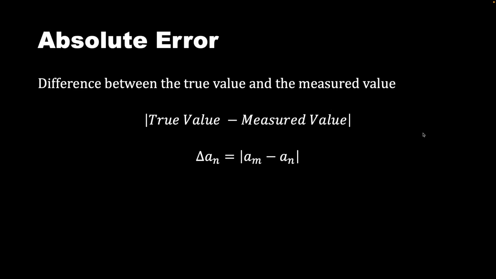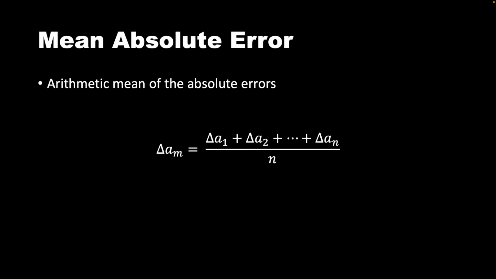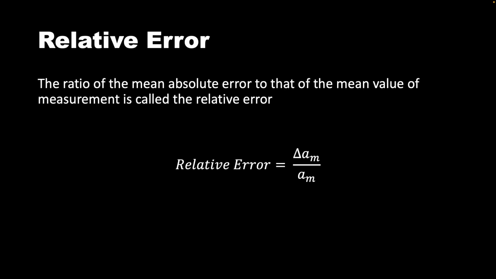Now let us see the quantitative aspect of these errors. The first one is absolute error. This is the difference between the true value and the measured value, and it is always positive. That's why we denote it as modulus of A minus a_n. Now mean absolute error. For every measurement we will have a certain difference from the true value. The mean of those absolute errors is known as the mean absolute error, and it is denoted by delta A_m.